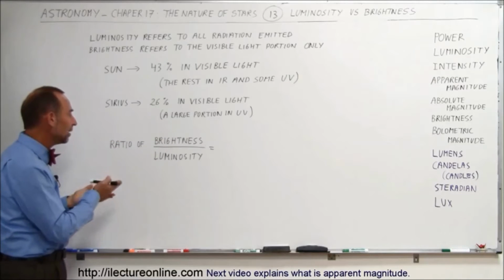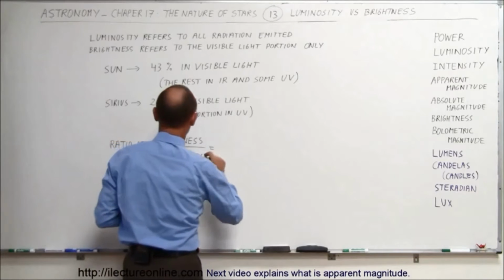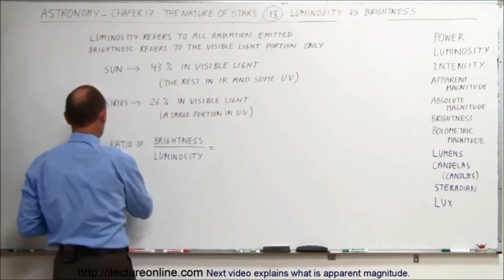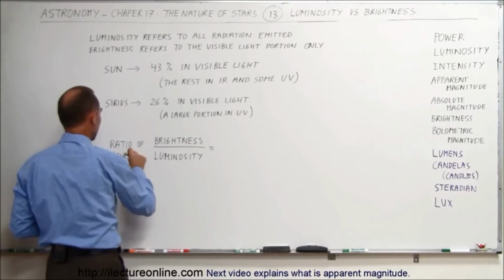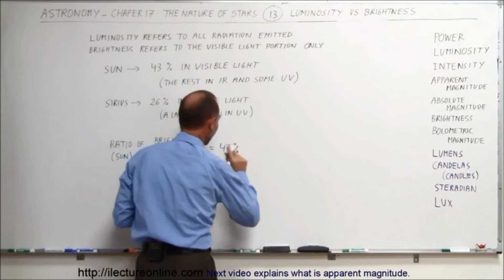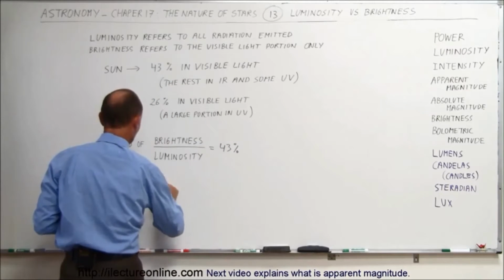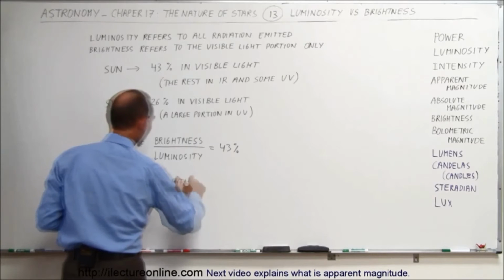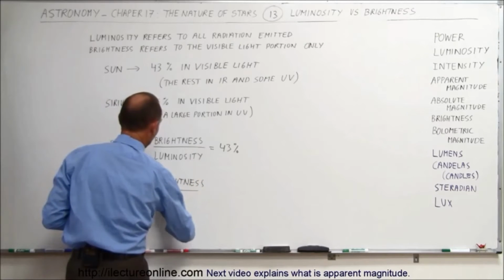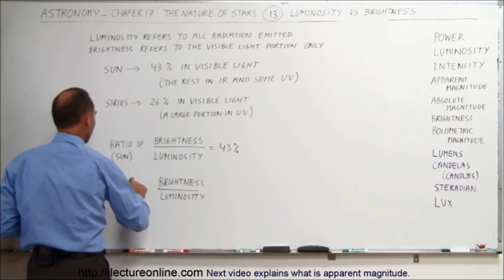So the ratio of the brightness to the luminosity for the sun would be equal to 43%. And for Sirius, we do the same ratio of brightness to luminosity.